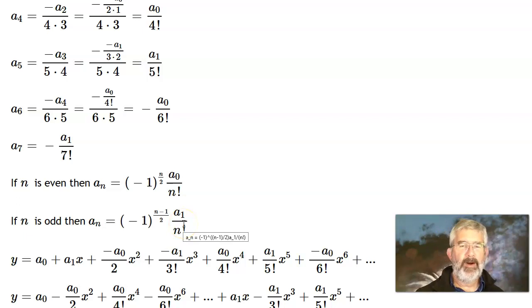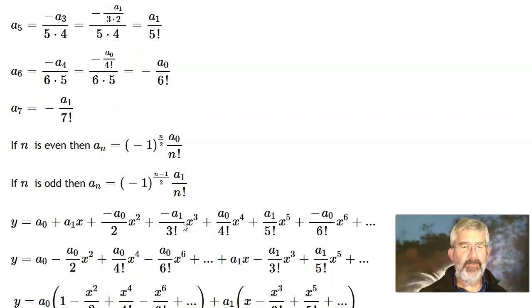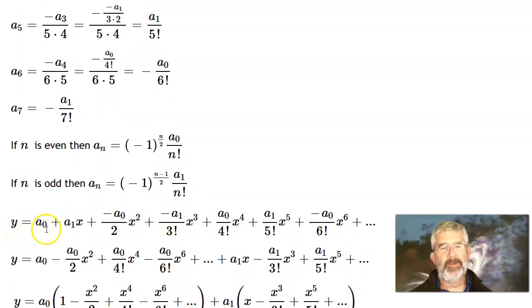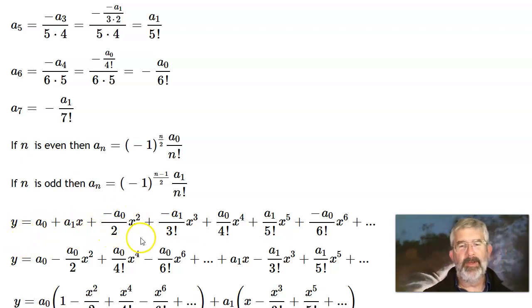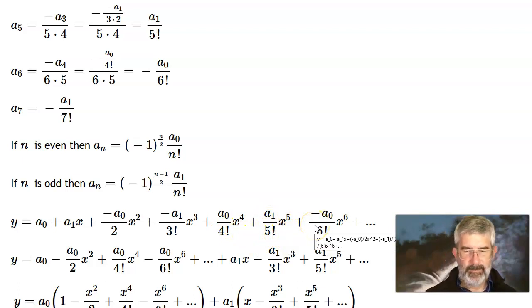All right, all of this written out now. The power series I have: a0 plus a1 x, plus a2, which is this, times x squared, plus a3, which is this, times x cubed, plus a4 x to the 4th, plus a5 x to the 5, and so on. So what I'm going to do with that now is rearrange it.